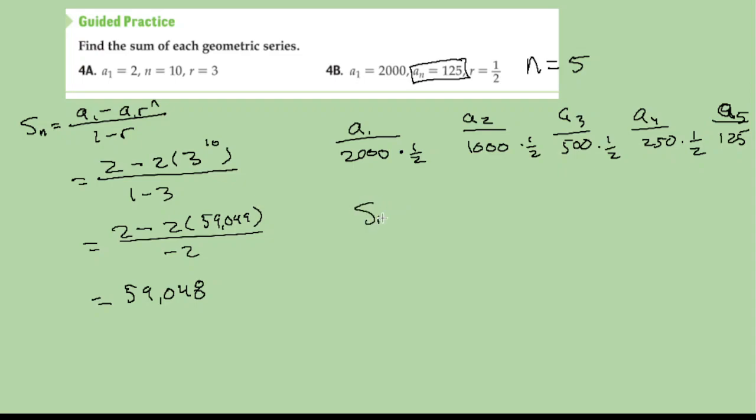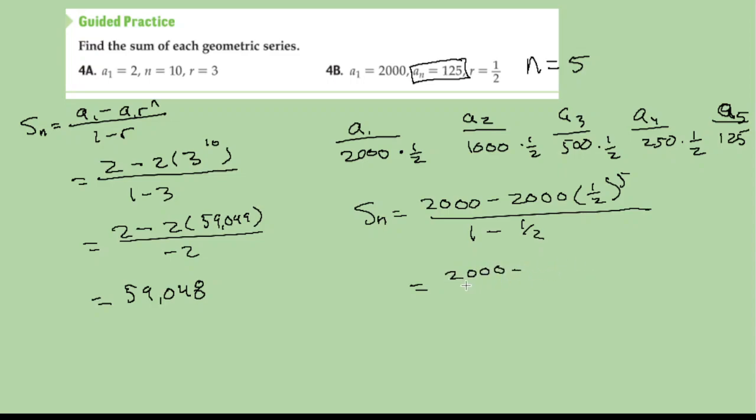So I have my S of n is equal to my a sub 1, 2,000, minus 2,000 times my r, which is 1/2 to the 5th power, all over 1 minus 1/2. All right? And so for this one, to make it simple, I am going to change that bottom number to a decimal.